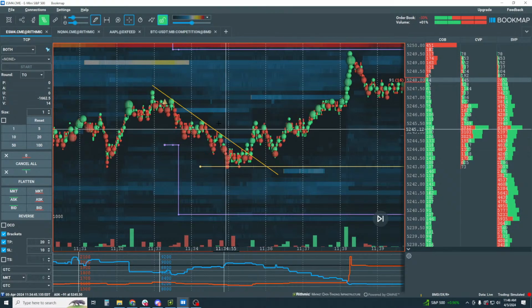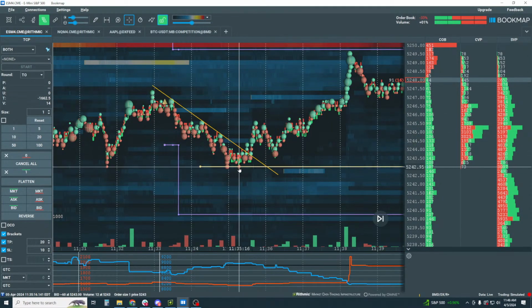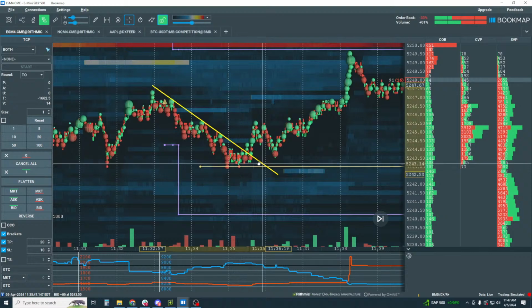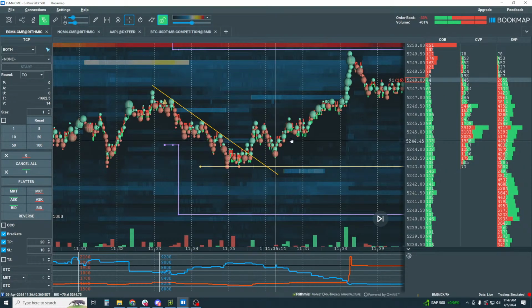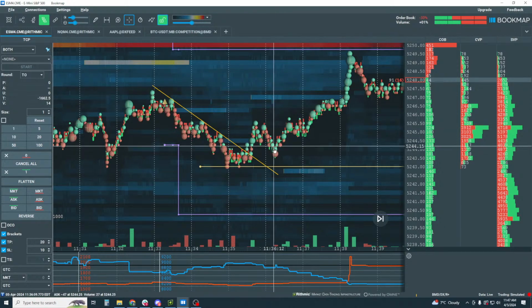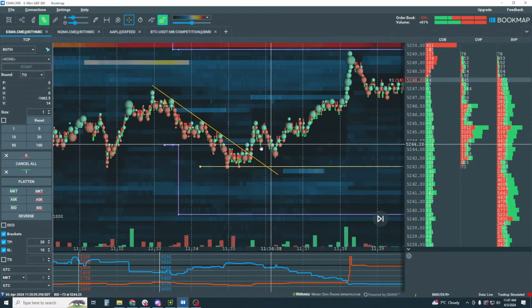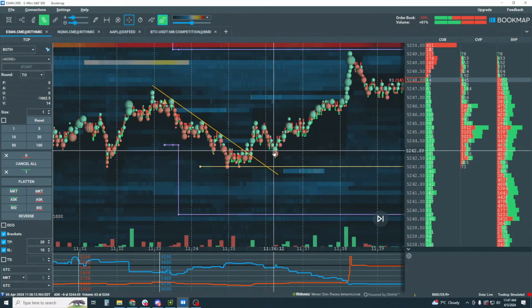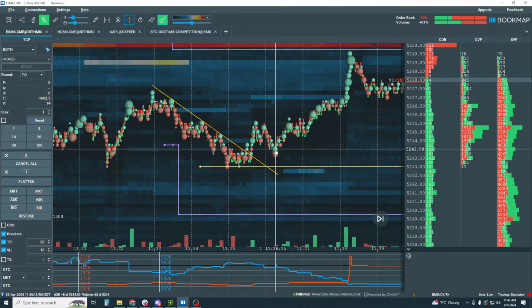It would be a worse entry point than down here, maybe here or in here. If I got lucky, I'd look for a pullback in here with another limit sell or limit buy, and then maybe I got filled in here.